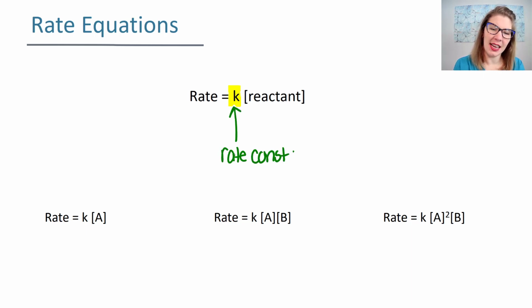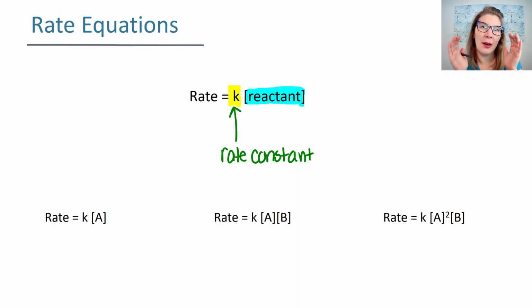This constant is specific for every reaction. So it's not something that is generalized, right? It's specific for reactions. Then we have the reactant or reactants. In this case, remember that when you see that reactant in brackets, what that actually means is the concentration of that reactant.